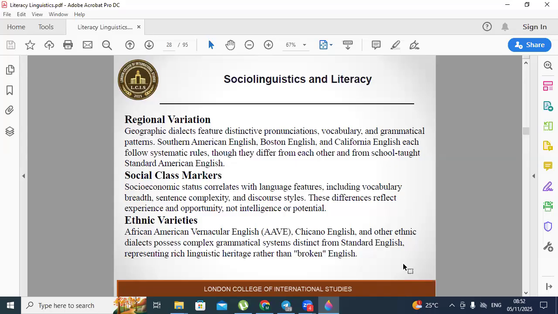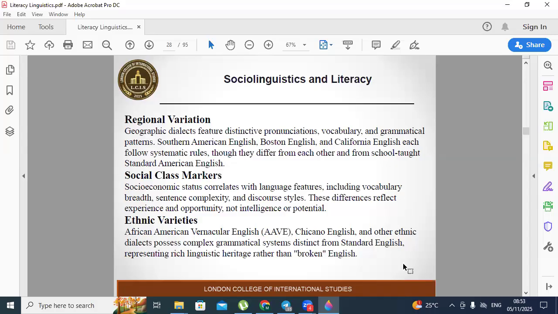Southern American English, for example, includes features like the pin-pen merger, where these words sound identical, the use of y'all as a plural form of you, and distinctive vowel pronunciation.